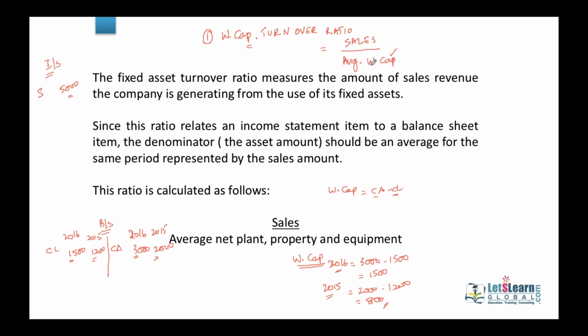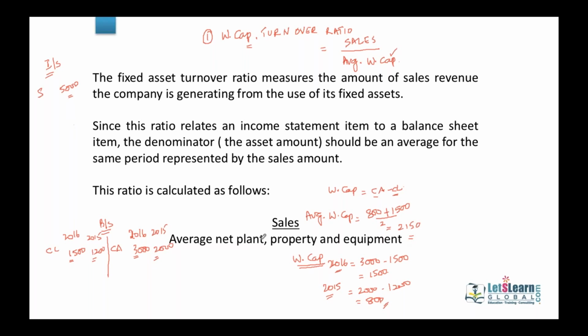Now we want average working capital. Average working capital equals beginning working capital plus ending working capital over 2. So 2300 divided by 2 will give you 2150.